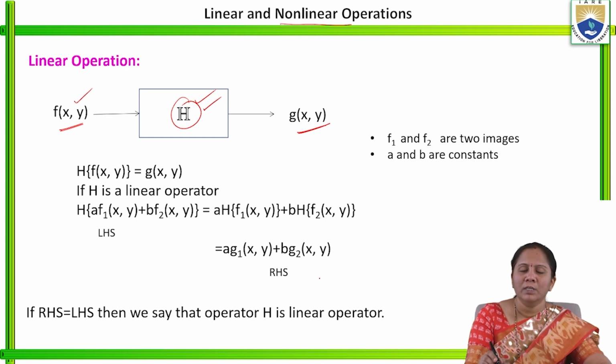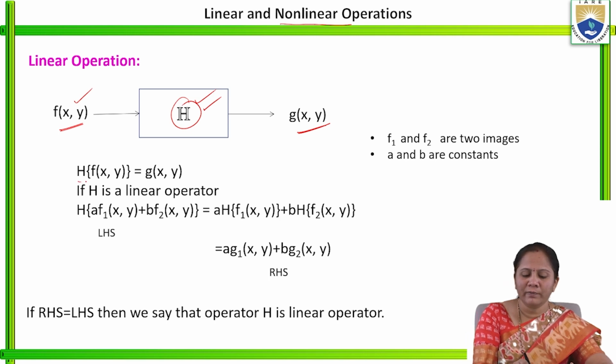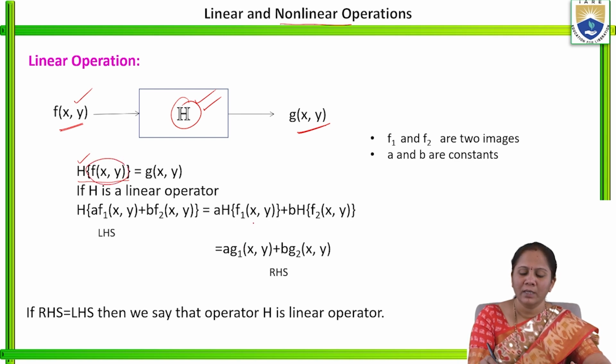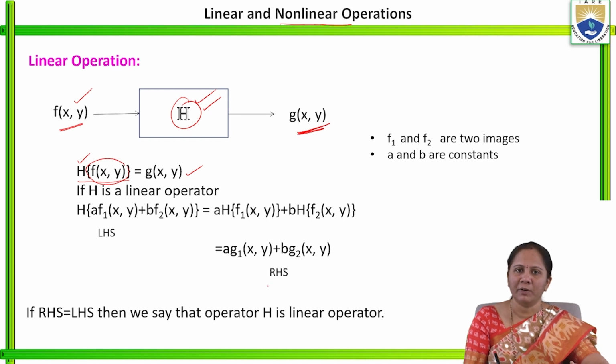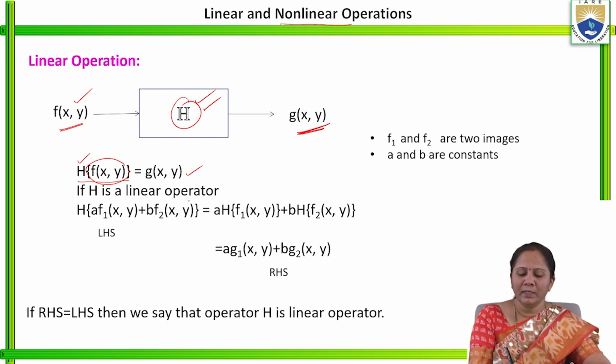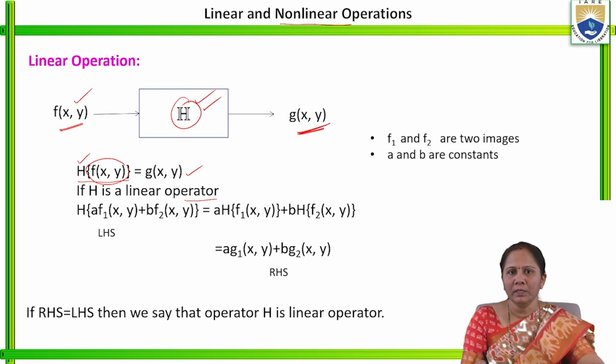Okay. So how can we write this operation? H of f of x comma y, that means the operator applied on the input image f of x comma y, is equal to the output image g of x comma y. By applying the linearity principle, we can modify this equation by considering 2 input images.